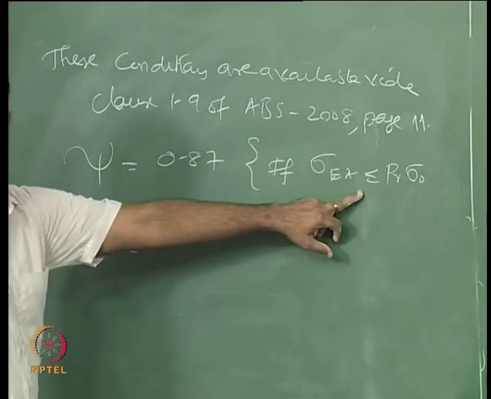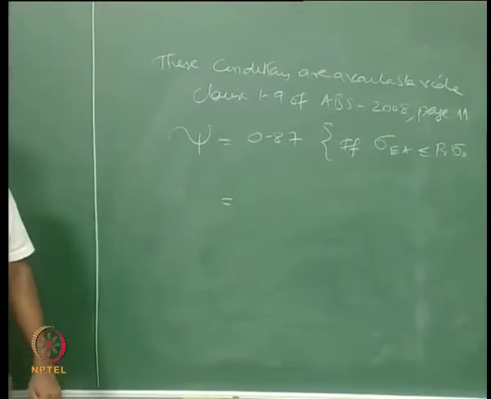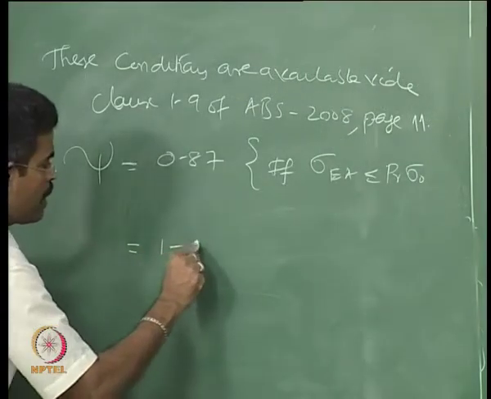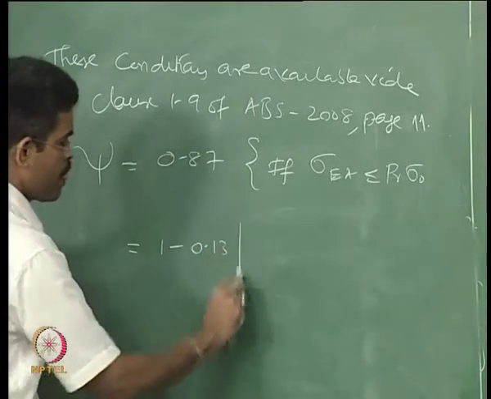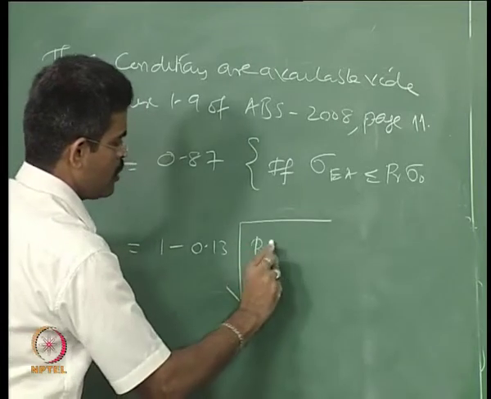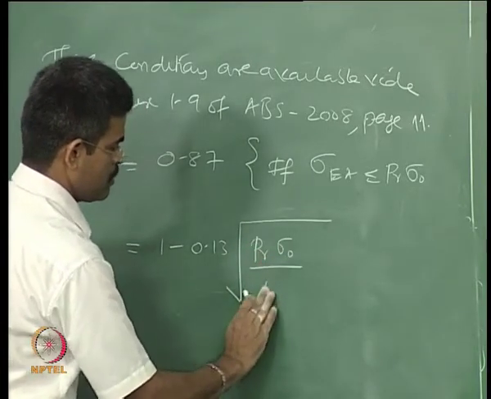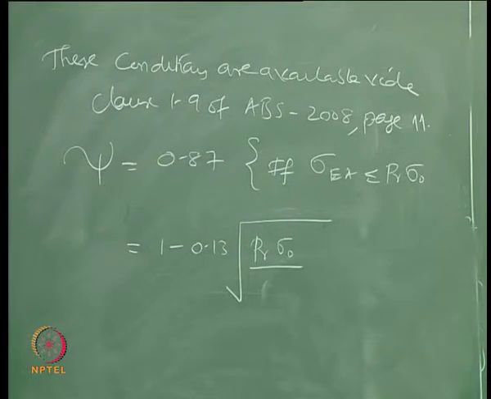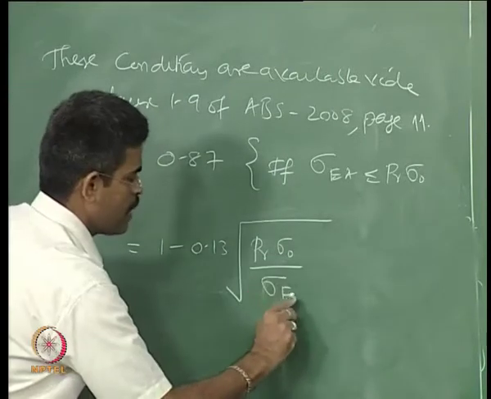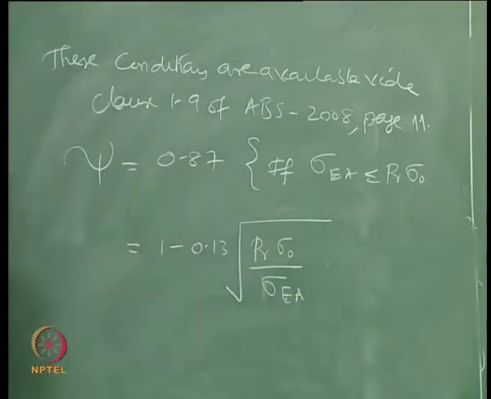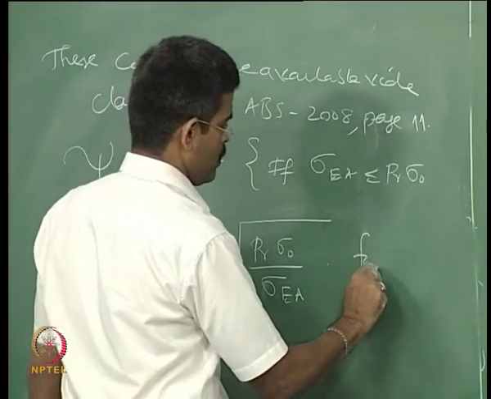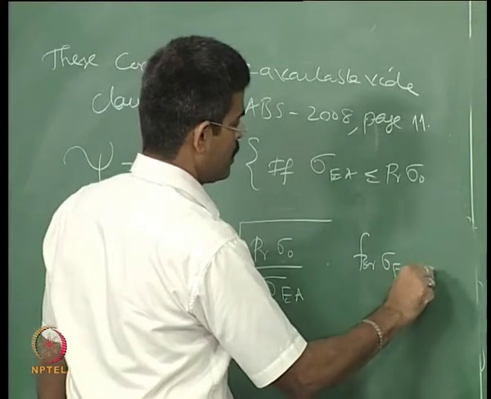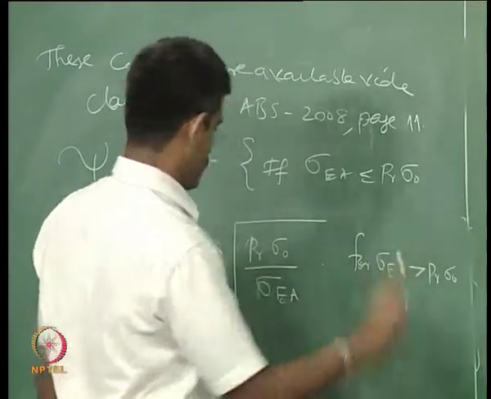If it is not satisfied, then it is given by 1 minus 0.13 square root of PR sigma naught by sigma EA, for sigma EA exceeds PR sigma naught.